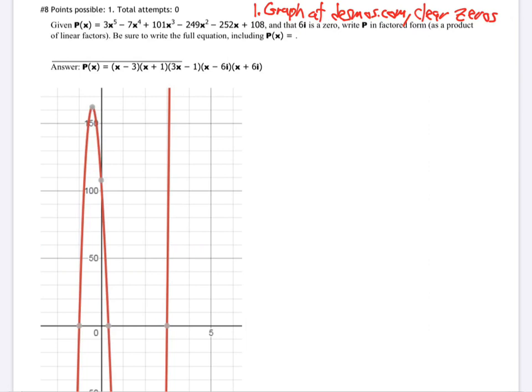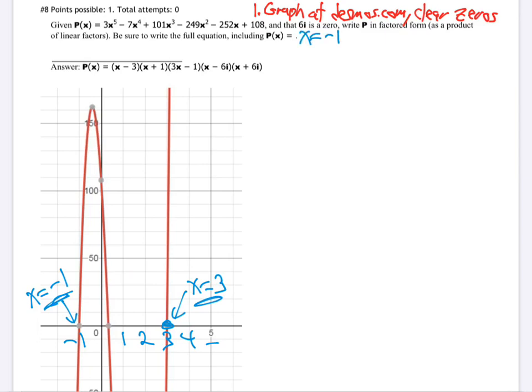Actually, there's a couple of them, huh? So this is 1, 2, 3, 4, 5. So right there at 3. And then right here, this one's at negative 1, isn't it? So we have 2 clear zeros on the graph. x equals negative 1 and x equals 3.